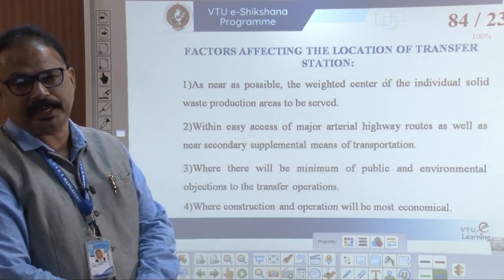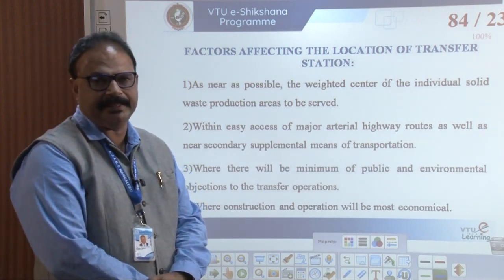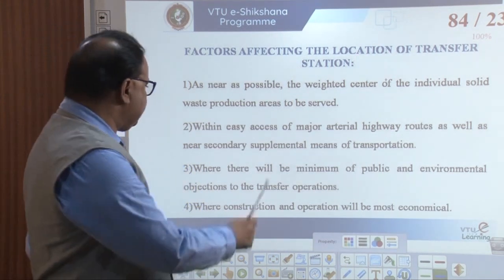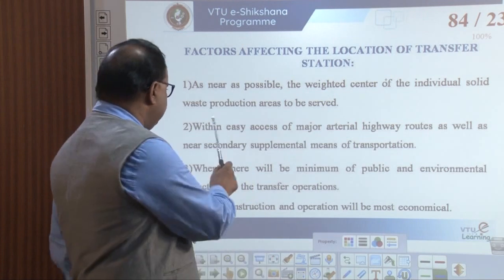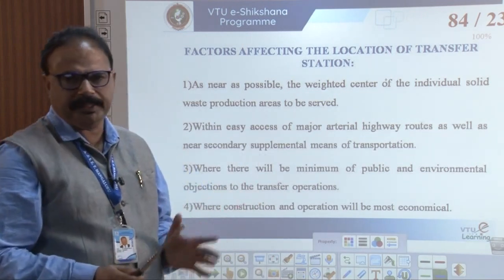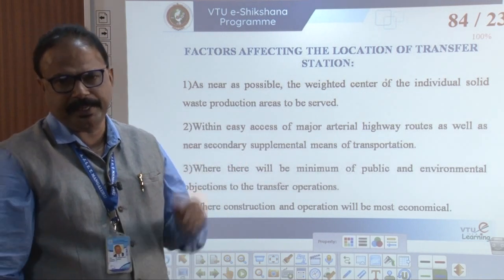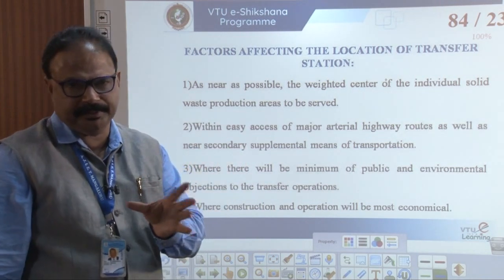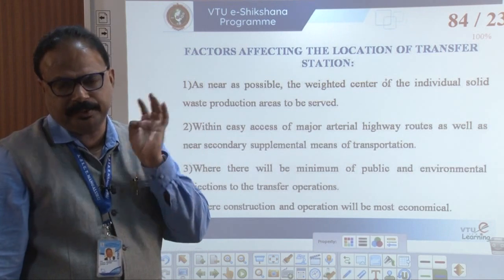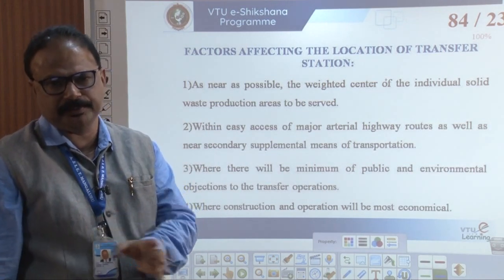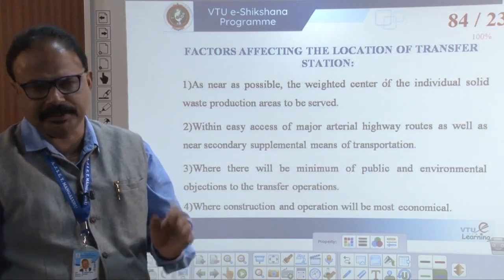Easy access to the highway route is the second supplementary means of transportation. The highway road should be easily accessible to the transfer station, as near as possible to the weighted center of the individual solid waste production areas served.